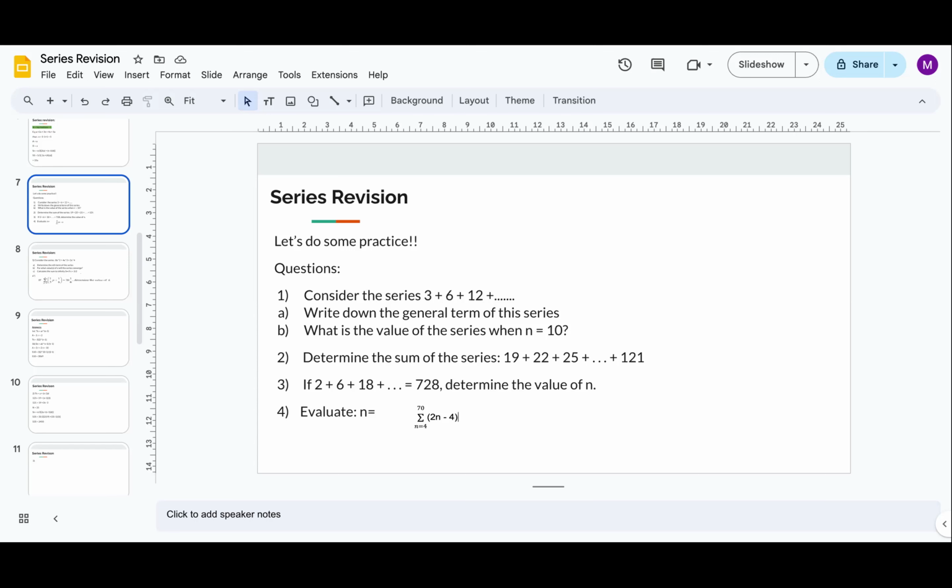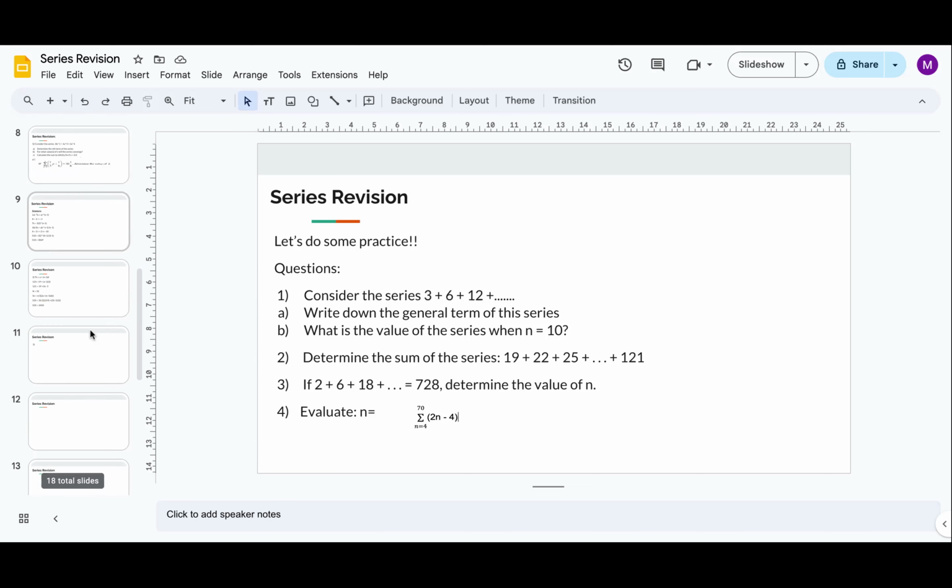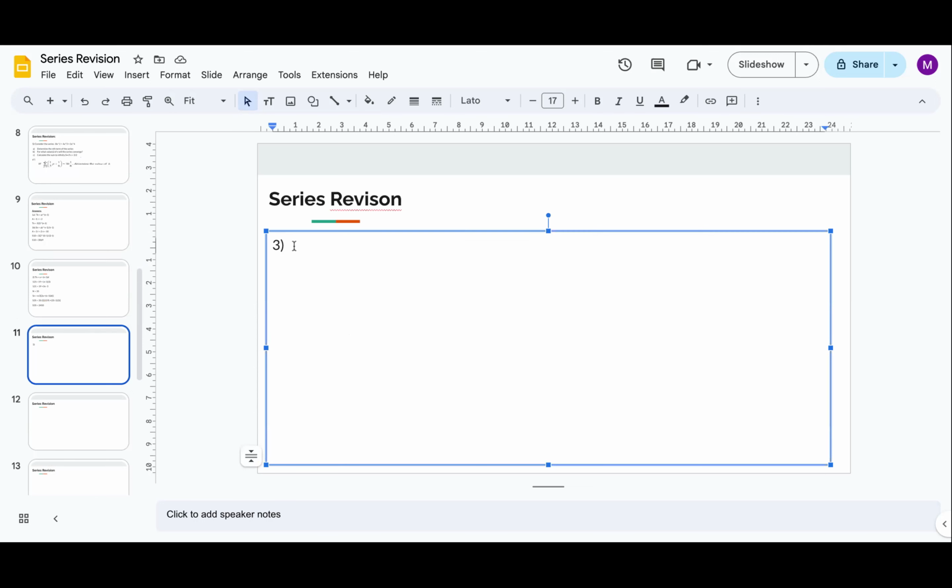So I'm working with a geometric series with some constant ratio of r equal to 3. I also know that my Sn value is equal to 728. The Sn of a geometric series is a times r to the power of n minus 1, over r minus 1. The value of my Sn, which they've given me, is 728, which is equal to a, the value of my first term.